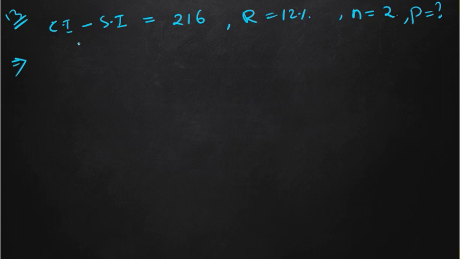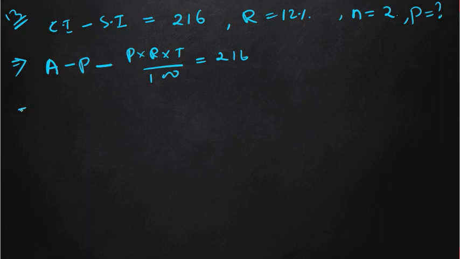So how to calculate P? Can we solve this? Yes, the formula is the same. What is compound interest? Compound interest is amount minus principal, minus simple interest, which is P into R into T by 100, is equal to 216.